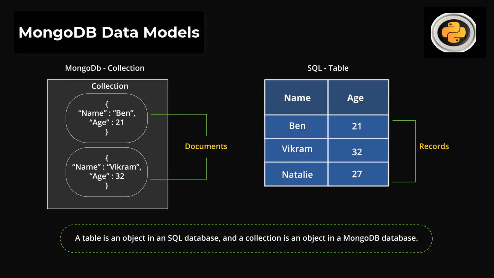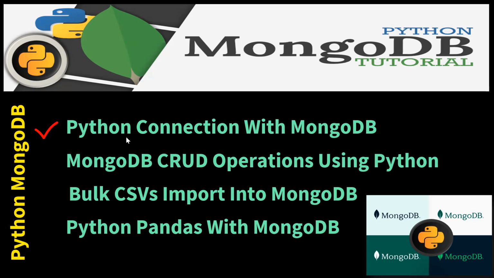All right, but before we jump in, let's look at what we will cover in this session. First of all, we will establish the connection between Python and MongoDB with the PyMongo library. Then we will perform lots of CRUD operations using Python. CRUD means create, read, update, and delete operations in MongoDB.